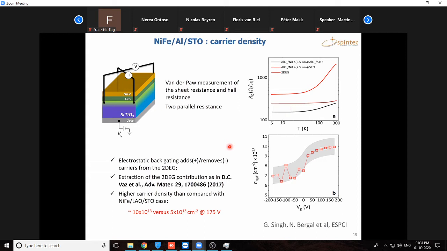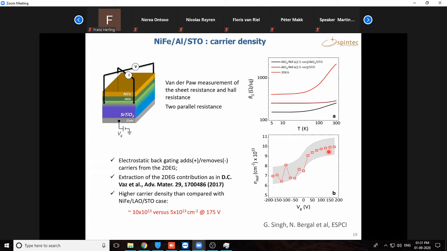Through electrostatic back-gating, we can also extract, through the Hall measurement, the carrier density, and we found quite a large carrier density in the case of the aluminum STO sample, starting, when we deplete, from around 7 times 10^13 carriers per square centimeter, and at large positive gate voltage it goes to around 10^14.